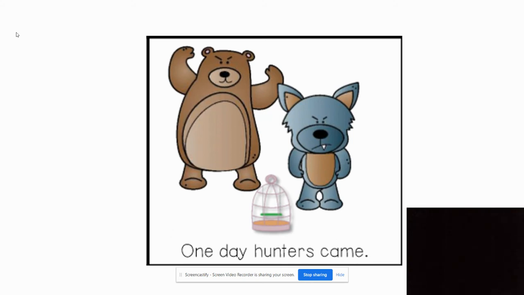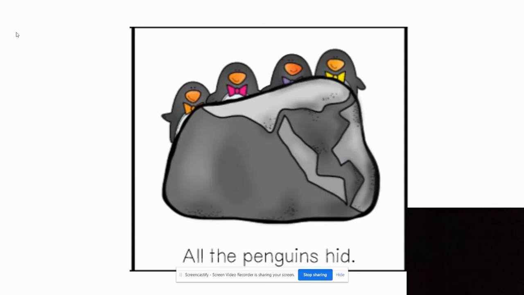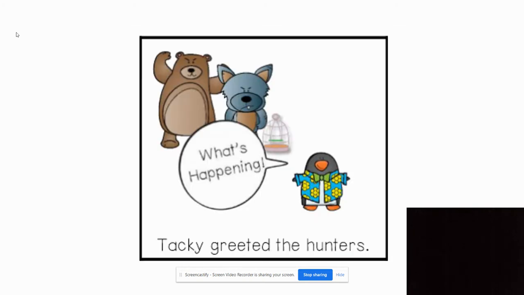Okay, for our next one, it's a picture of all the penguins hiding. They were afraid of the hunters. Next, it's Tacky. He greeted the hunters, meaning he went up to them and he said, "What's happening?"